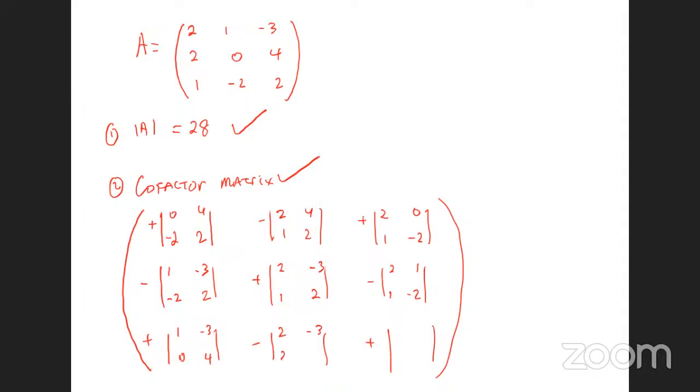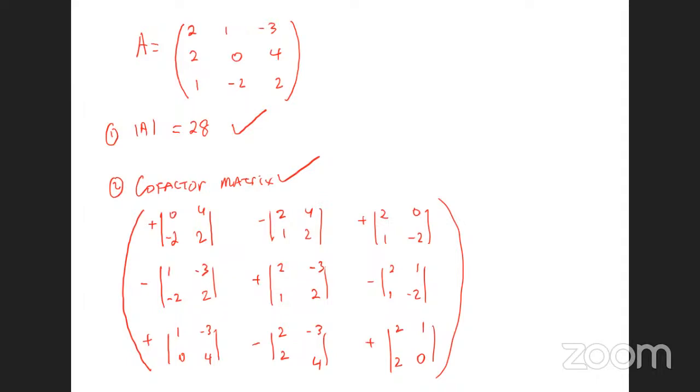Two, minus 3, 2, 4. And last one, 2, 1, 2, 0. Okay, that is your cofactor matrix.